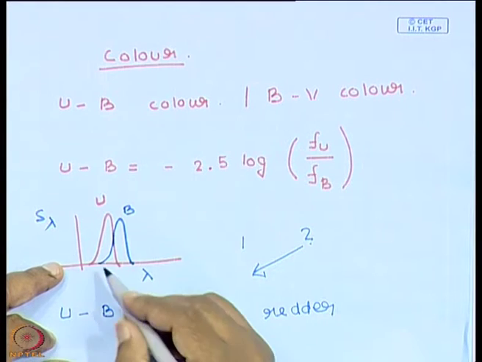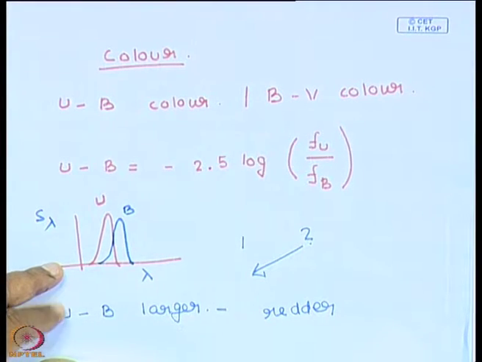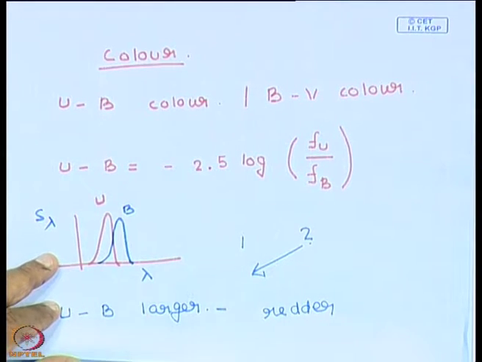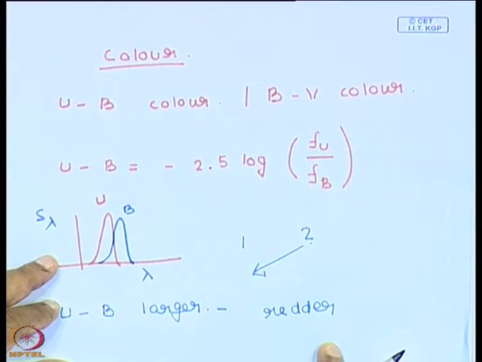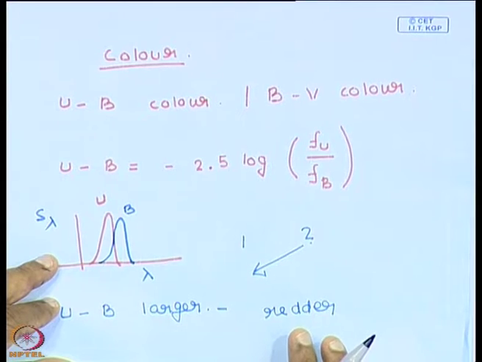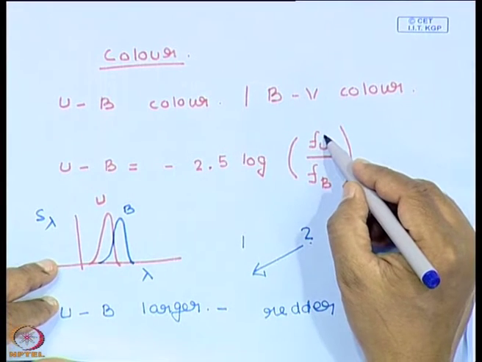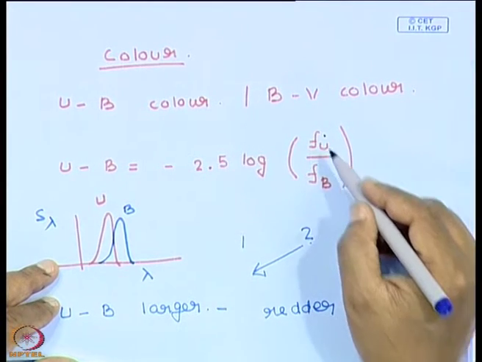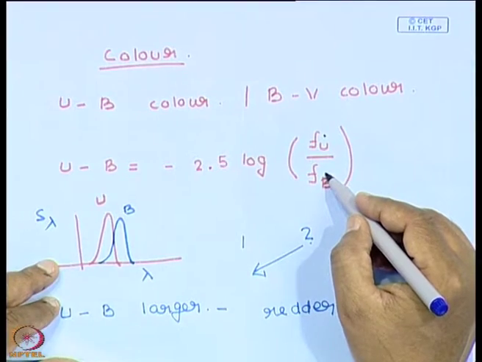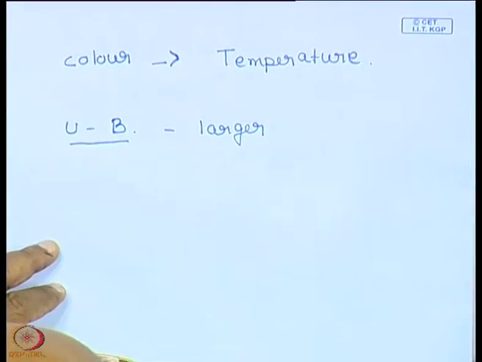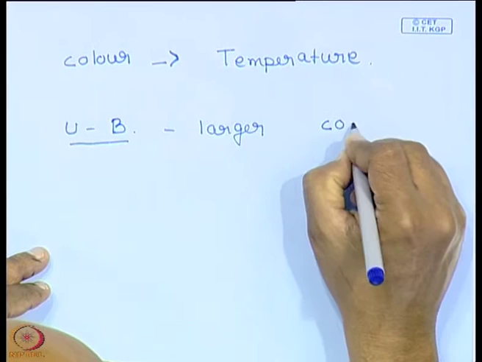We know that for the black body spectrum, the peak shifts with the temperature, and the source gets redder as it gets cooler, it will get bluer as it gets hotter. So, more energy will be there in this band for a hot source, and more energy will be there in this band for a relatively cool source. So, if it is larger, it tells us that I am looking at a cooler source.